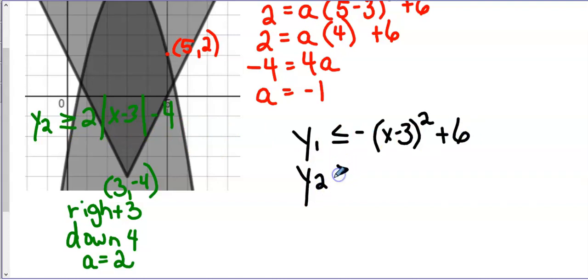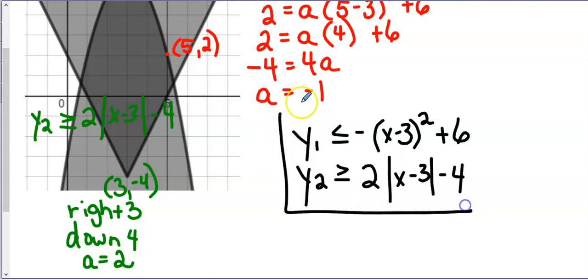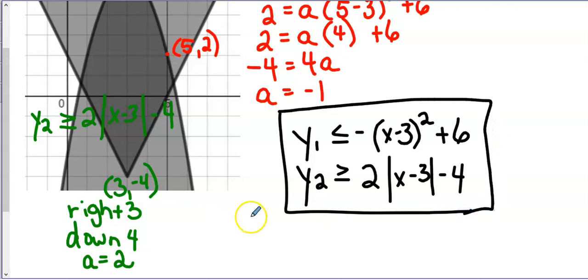That one's greater than or equal to, because that's above the AV, the absolute value function. Let me double check here. Okay, so this is the answer. This is the system of inequalities. That is the answer to this problem.